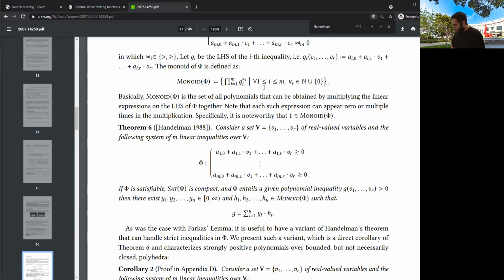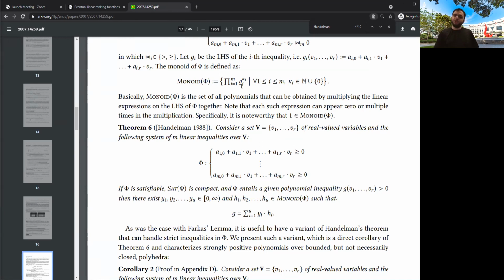And the idea in a semi-complete algorithm is that you have some parameter, let's call it k, for example, in this case, the maximum degree that we have in our monoid. And the thing that you can prove is that your algorithm is sound, complete, and terminating if this parameter is chosen to be large enough. Right?